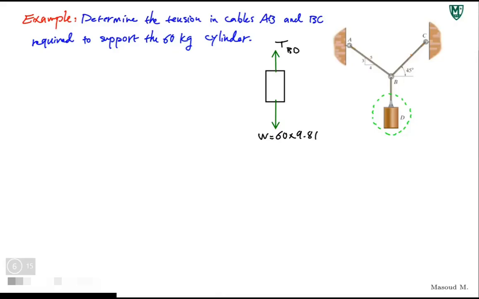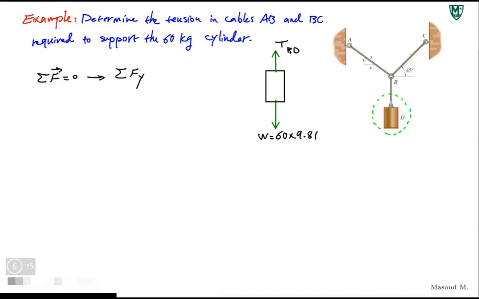Now, what we do is use the equilibrium: summation of forces, vectors, equal to 0. Forget about the physics of the problem, Newton's law. Look at this, two vectors. We have W downward, TBD upward. So the only thing we have is summation of forces in y direction.